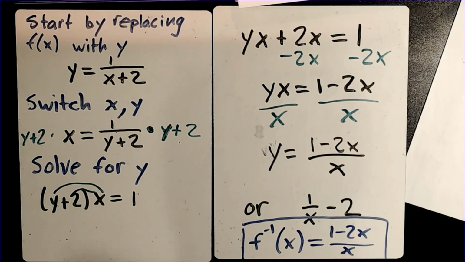Now, if it's a linear function, it's a lot easier to solve for y. This one is a little bit more messy, but it's not too bad still. In the next video, we're going to do this again, but with a slightly more complicated function where solving for y is a little bit harder. So I think that's it for this. Hopefully that helps.